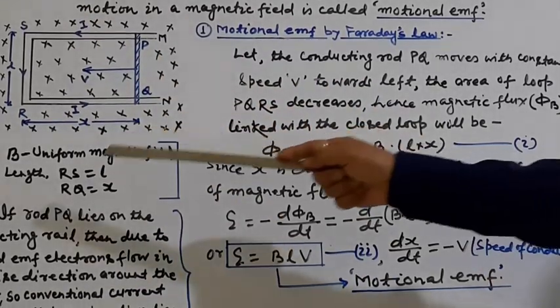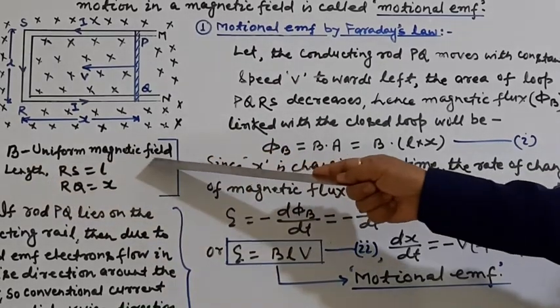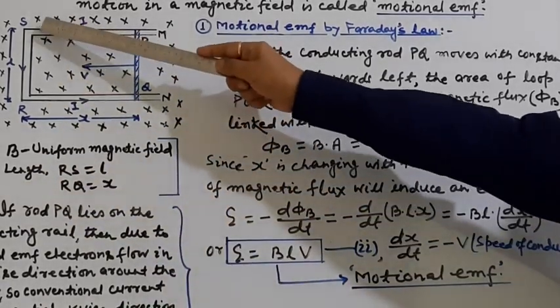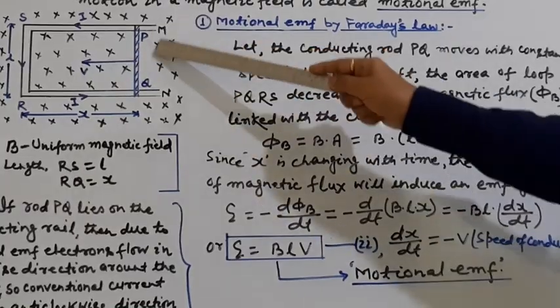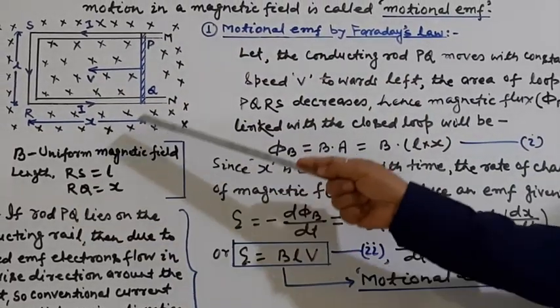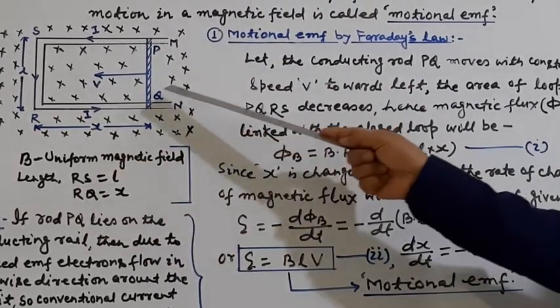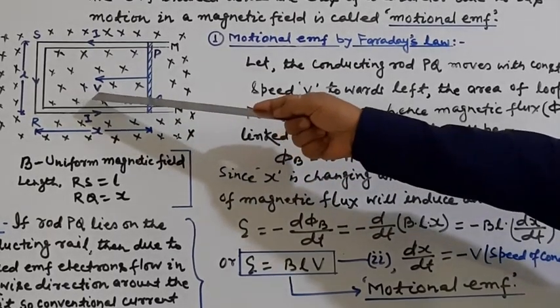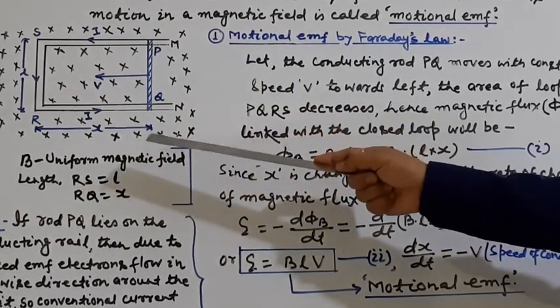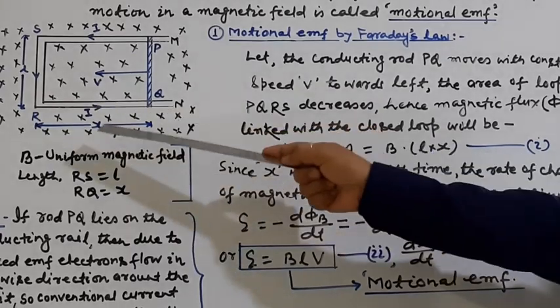Here I have assumed the length RS is L, equal to the length of the rod PQ, and when it is moving towards the left at any instant of time, RQ is equal to X.